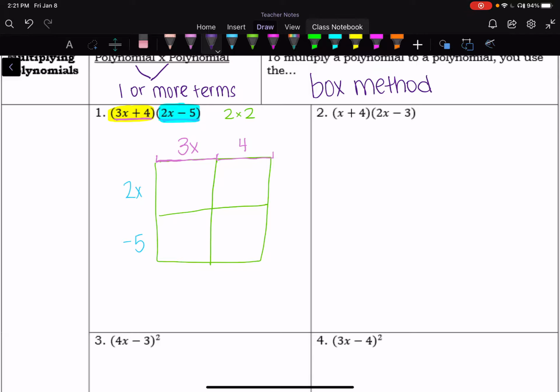Now we're going to multiply appropriately within the box. For my first box, we notice that 2x and 3x are lined up with the box. So we are going to multiply those two together. 2 times 3 is 6. X times x is x squared. Next, we're going to go to my second box and multiply 2x times 4. 2x times 4 is going to give me 8x.